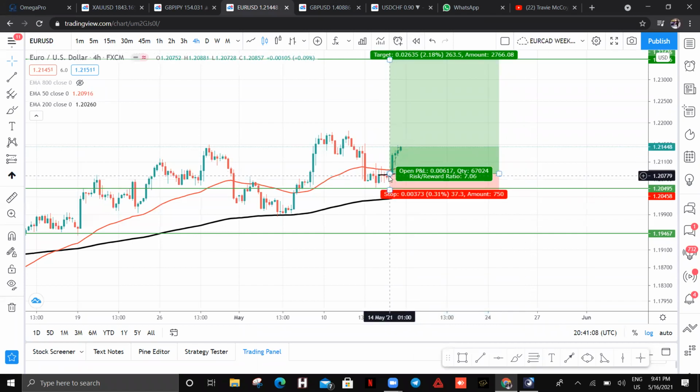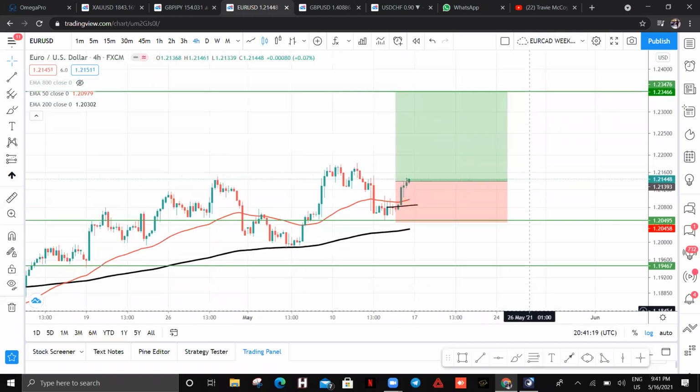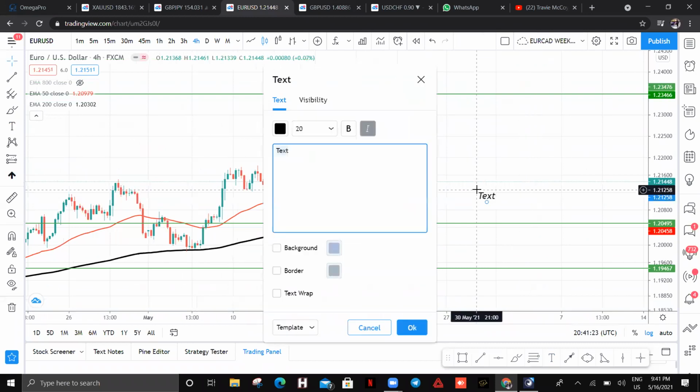But now the risk has been extended. So what you would do is wait a bit for the spread of the market to reduce before you can enter this. So I'll type this one. Buy opportunity.